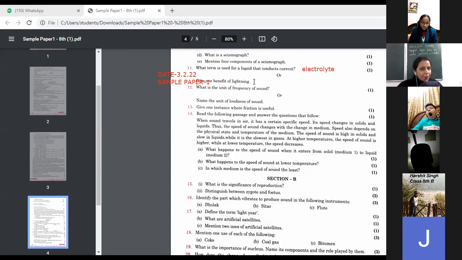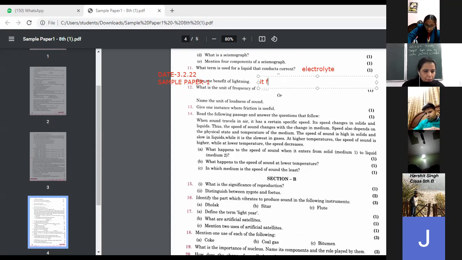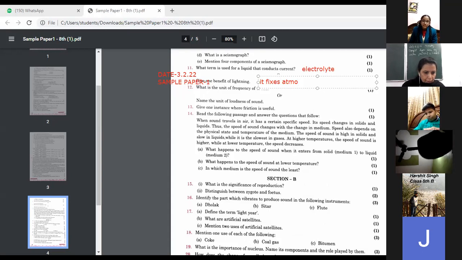Give one benefit of lightning. Any one benefit of lightning? Anybody?